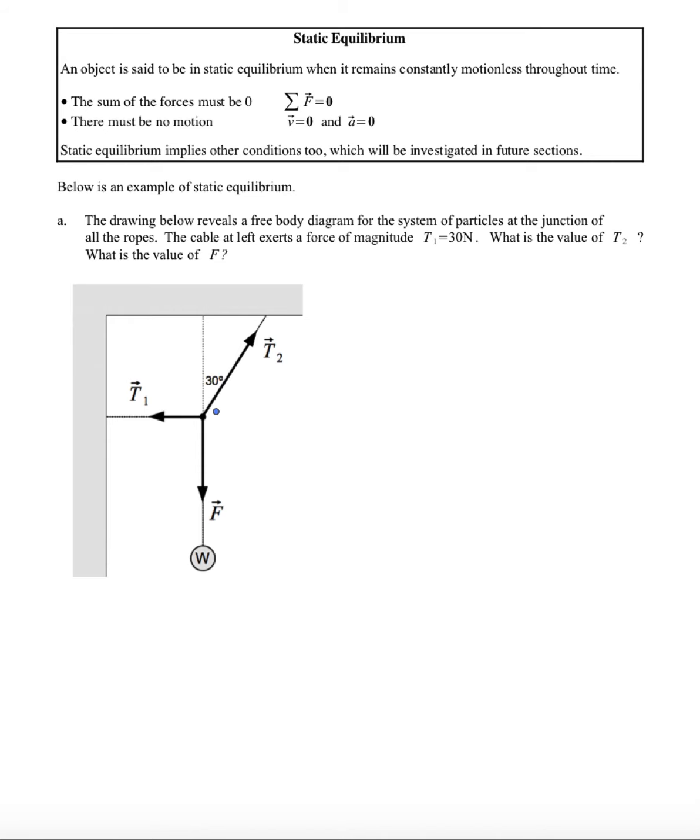And these will be the forces that particle feels. The cable at the left exerts a magnitude of force of 30 newtons. We want to find the value of the tension force T2, and we want to find the value of the force pulling downwards, and that's F.